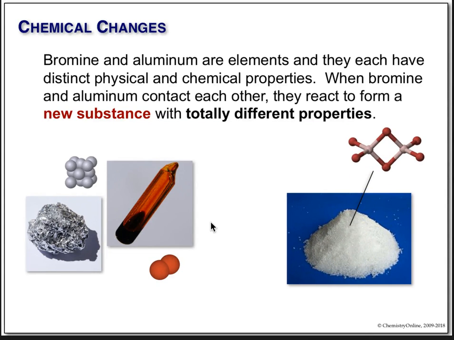The white crystalline powder is aluminum bromide. Looks like that. This is a chemical change. Aluminum bromide looks nothing at all, has no properties the same as these guys. Totally different substance.